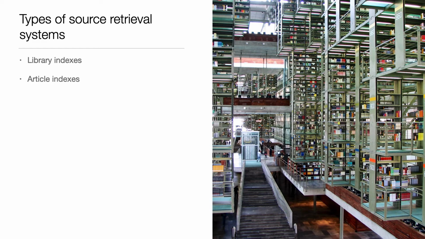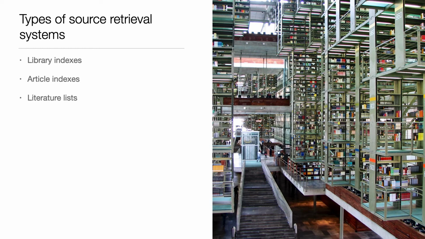So article indexes are better, in fact, for finding articles on your subject than are library indexes, which may not be specific on an article per article basis.